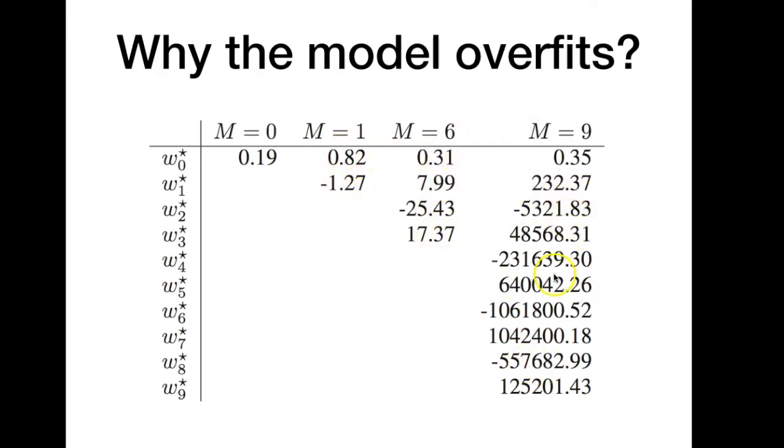With m equals 1, you have some coefficient values, but as you move on to m equals 9, the coefficient values become surprisingly large. So let's take the sign out of this picture. If we compare the absolute values, these are very large coefficient values when we have a higher order polynomial.